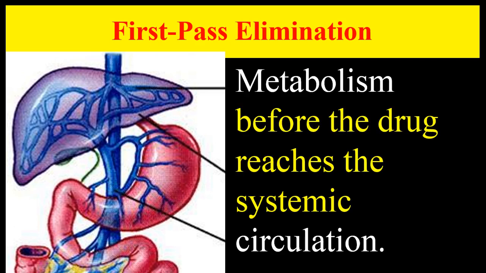So it is defined as metabolism before the drug reaches the systemic circulation. When we place the drug directly inside the systemic circulation by the intravenous route, the first pass elimination is almost zero.